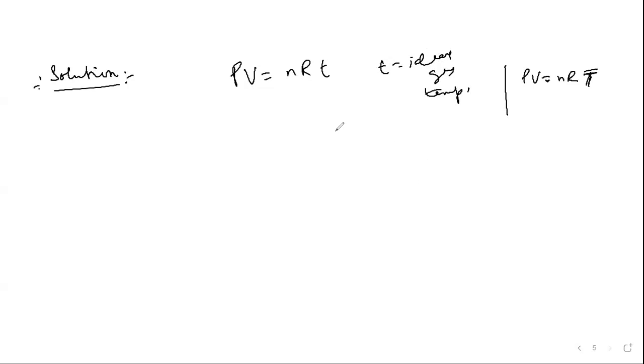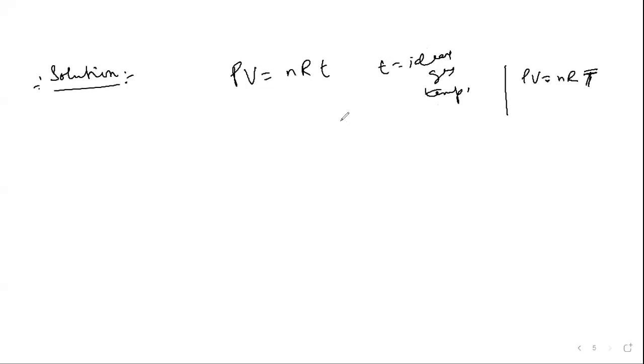So we deliberately write small t in order to check that the ratio of heat rejected to heat absorbed is the ratio of ideal gas temperatures, right?